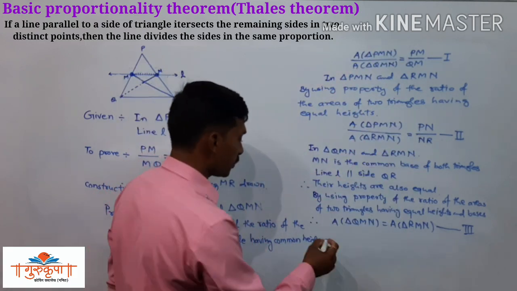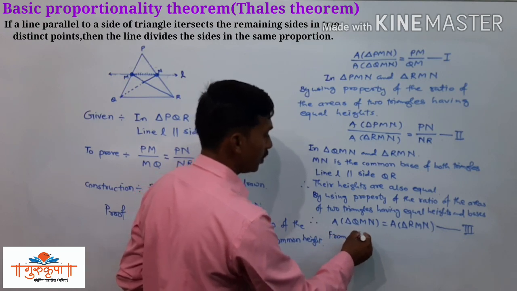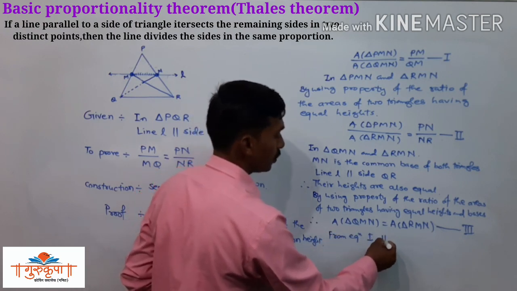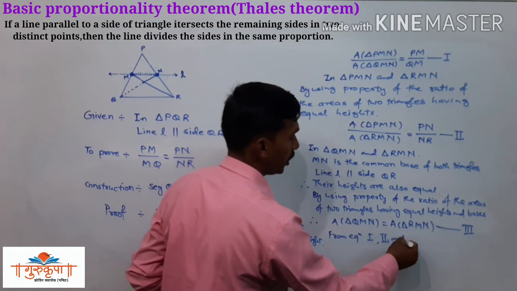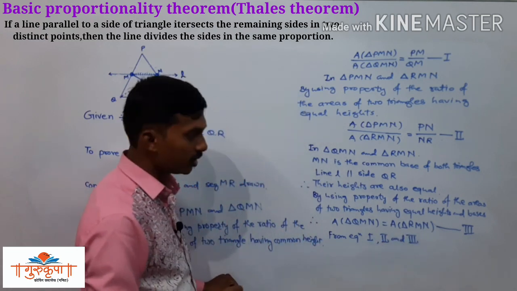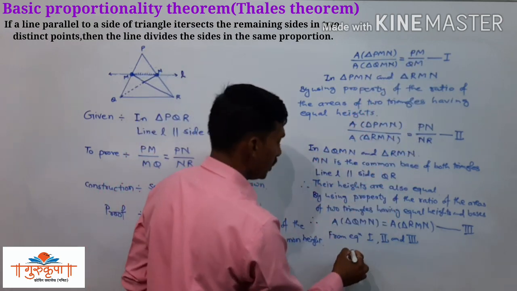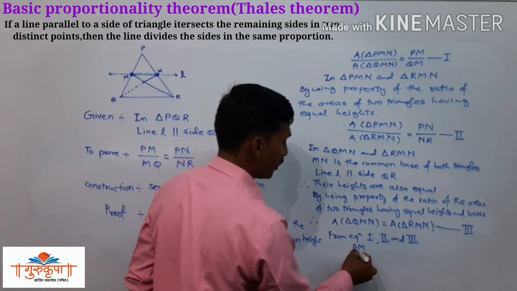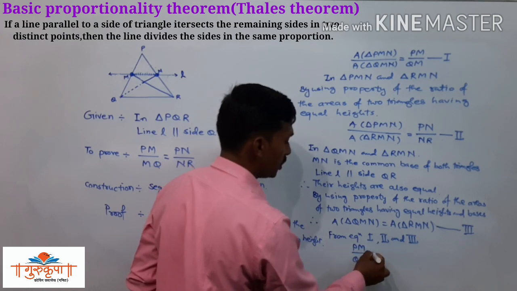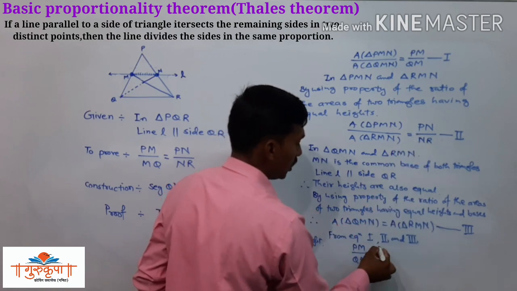So here you can write, from equations 1, 2 and 3, PM upon QM is equal to PN upon NR.